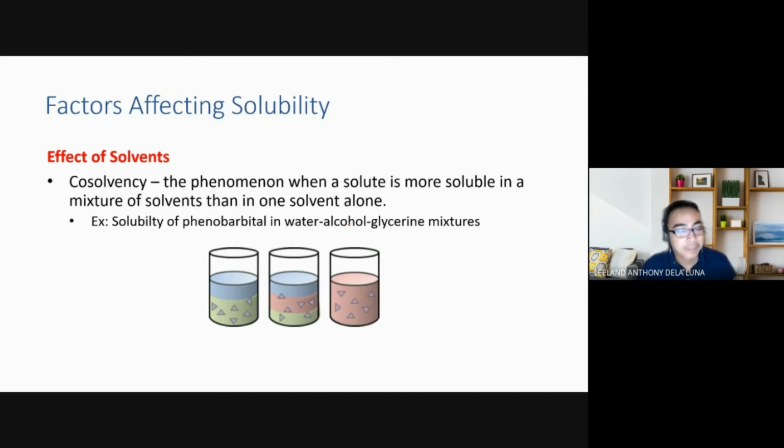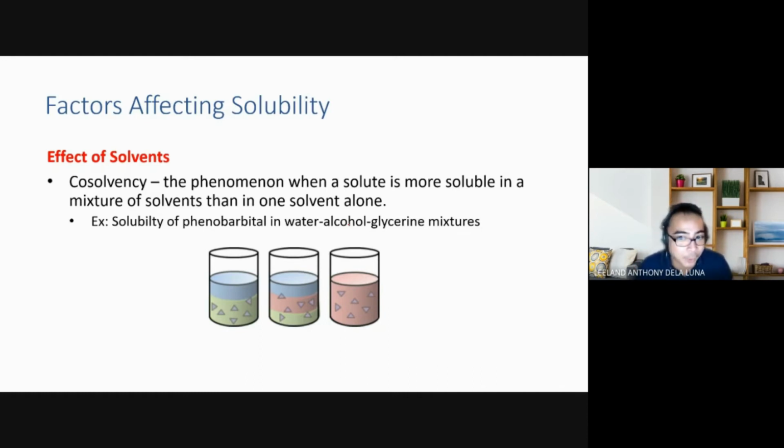So class, si phenobarbital, hindi agad-agad din matutunaw sa tubig. Not unless you add alcohol and glycerin to the mix. Usually 1:1:1 yung mixture natin. Okay, so adding those three solvents, class, makes the solubility of phenobarbital much better. Just so you know, class, water, alcohol, glycerin, they are soluble with each other. Okay? They can dissolve with each other.